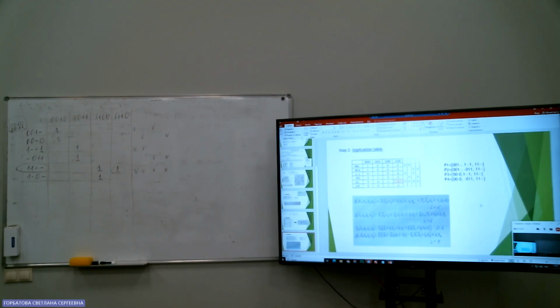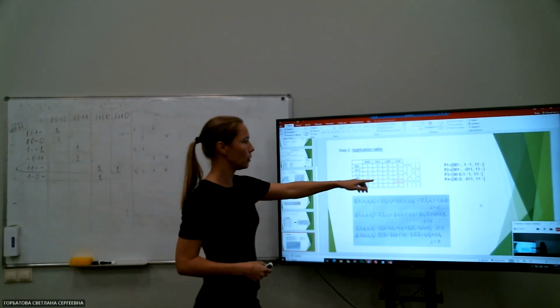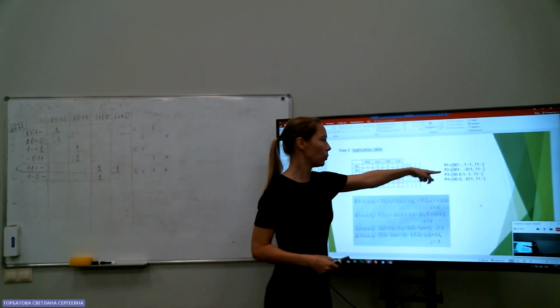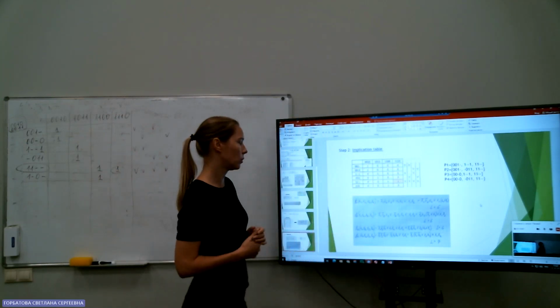And you can see them here. 4 variants, P1, P2, P3, P4.